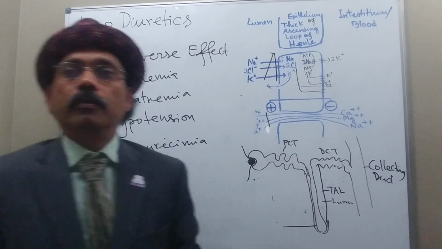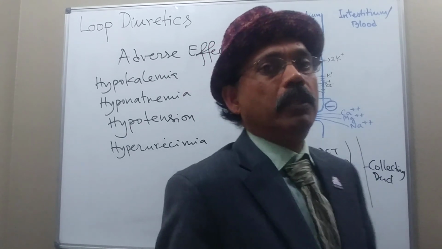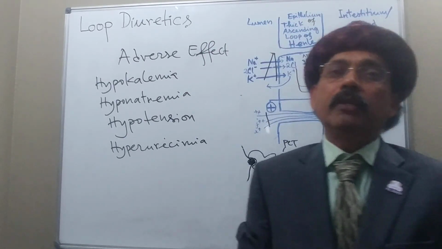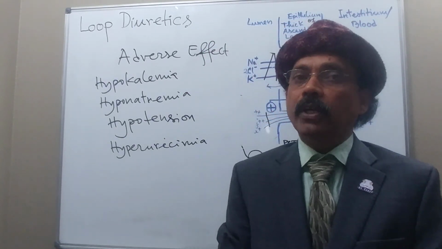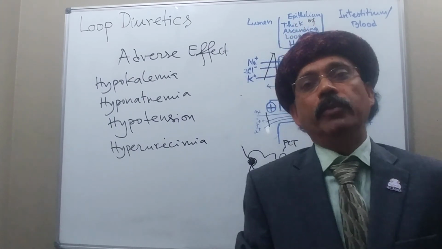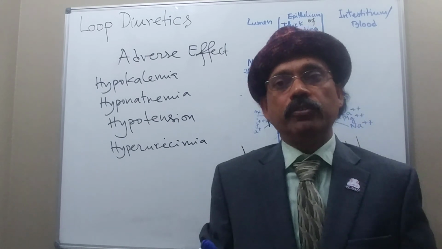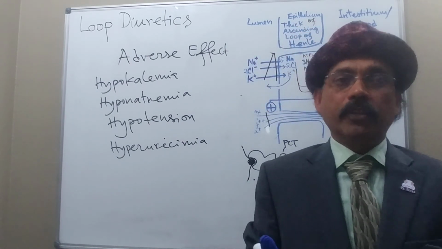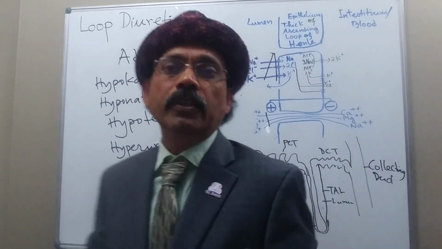Okay, so there will be volume depletion, and regarding calcium, it may cause hypocalcemia. In certain situations, it may even cause hypercalcemia if there is severe dehydration or renal insufficiency.